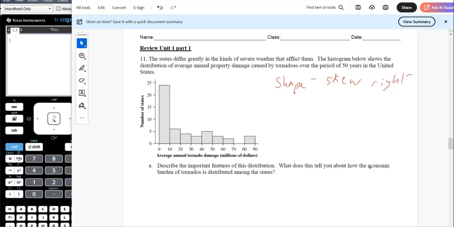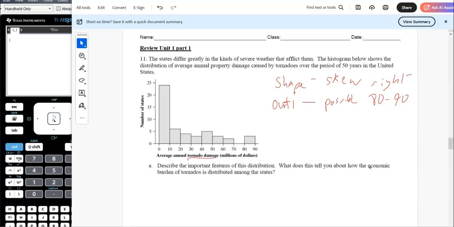Make sure you talk about the context, the shape of the tornado damage data. So use context when you do this. Outliers, possible outlier between 80 and 90.